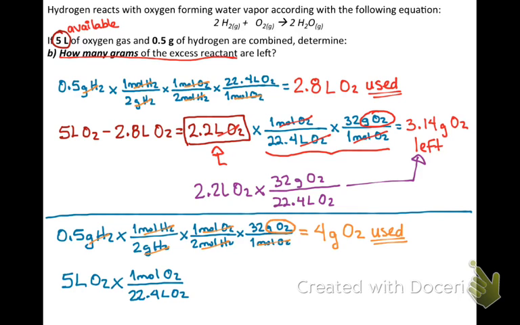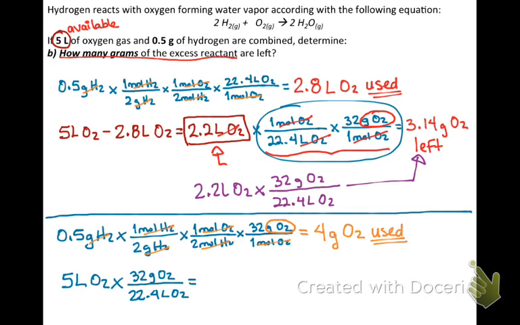I can go directly here for grams. We already know that 1 mole of oxygen is 32 grams, so we can save one step here. If this is confusing for you, just do it in 2 steps.